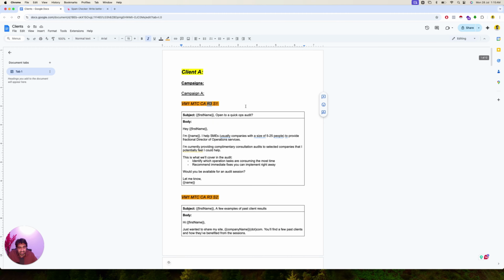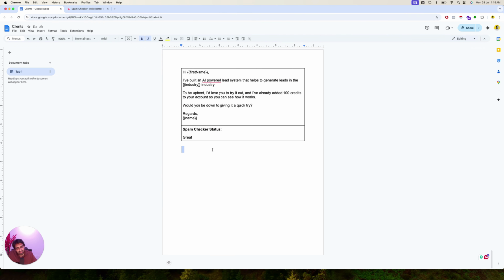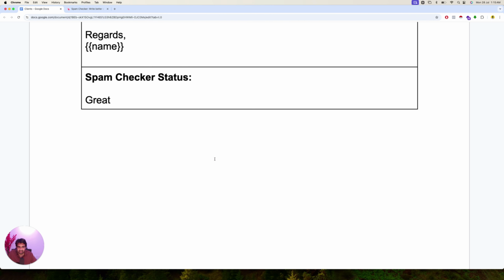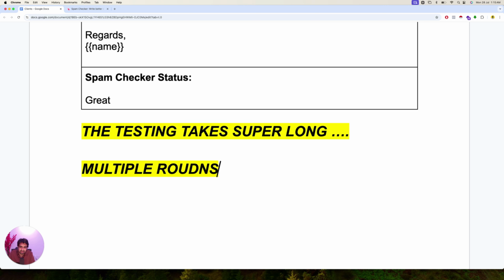But I would say the testing really helps me pinpoint what works and what doesn't. But the big minus I would say for this is that the testing takes super long, meaning before you scale you go through multiple rounds. For instance, for my first client, this is going to be my 4th round.